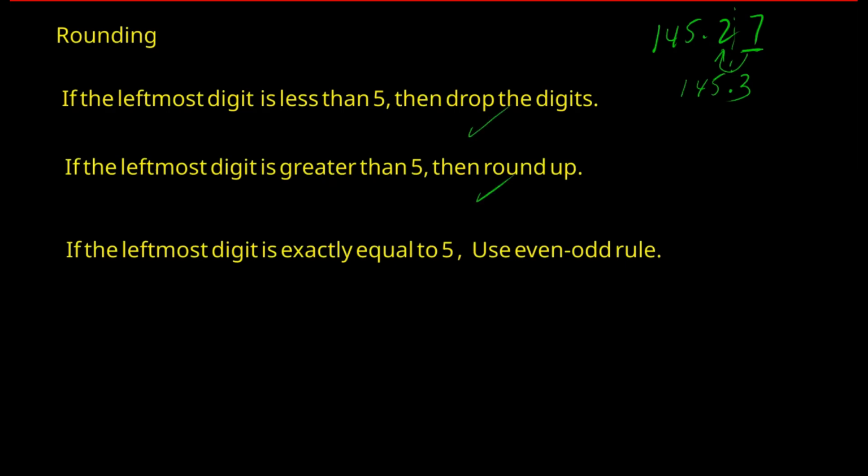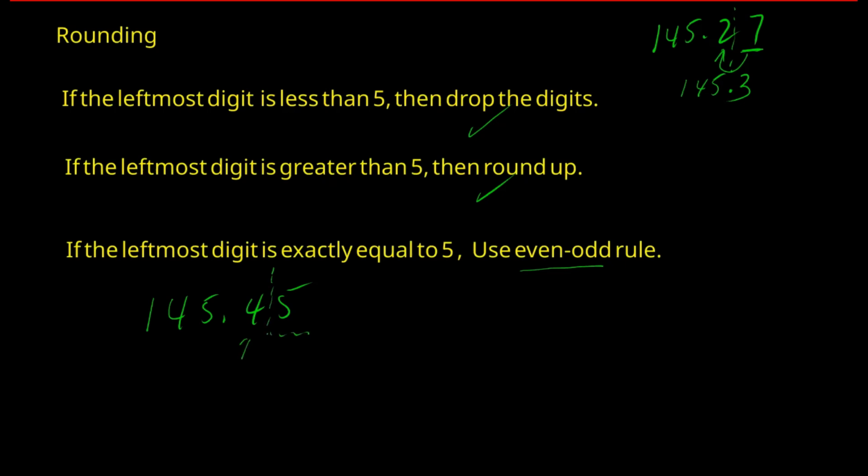So I think most people understand these two concepts. The last one of those is a little bit more tedious. A lot of professors or instructors will require that you know the even-odd rule, while others will not teach it. Okay, let me go ahead and show you the even-odd rule. If the number in question is exactly equal to 5, you look at the preceding number. So suppose I'm rounding here.